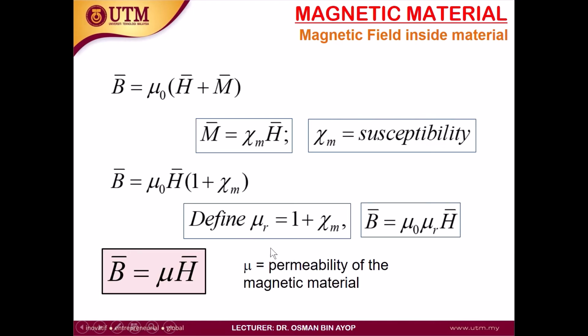So the expression can be simplified into B equal to mu naught mu r H. When we change mu naught mu r to mu, the permeability of the magnetic material, the final expression can be simplified into B equal to mu H.